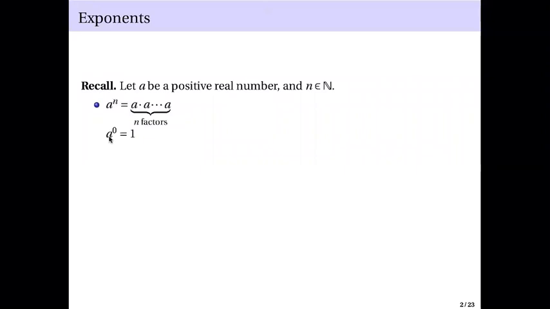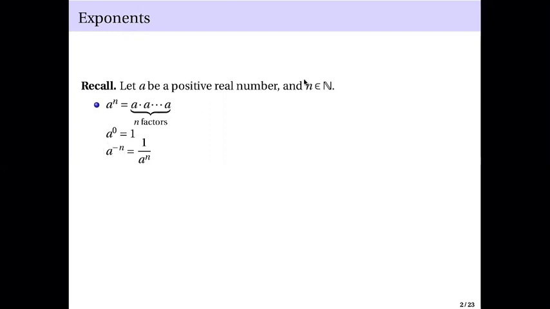And then we defined a to the 0 to be equal to 1. So in here, we assume a is a positive real number. Okay, so this is always defined. Okay, and then we have considered negative integers by defining a raised to negative n.